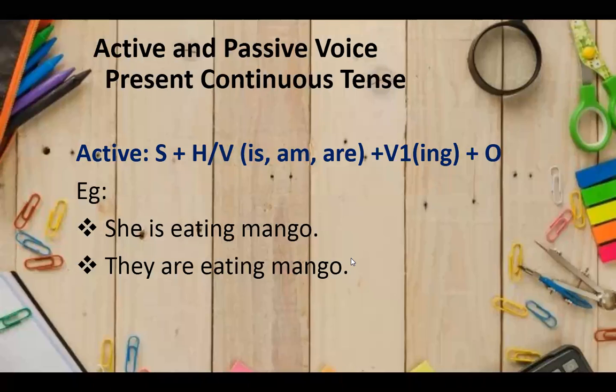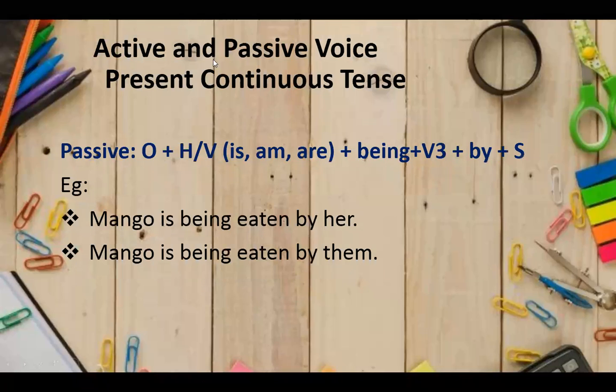So, okay, here is the passive structure for present continuous tense. In present continuous tense, the object comes in the beginning. Object plus helping verb is, am, are. The helping verbs remain the same in both voices, because it is the present continuous tense.